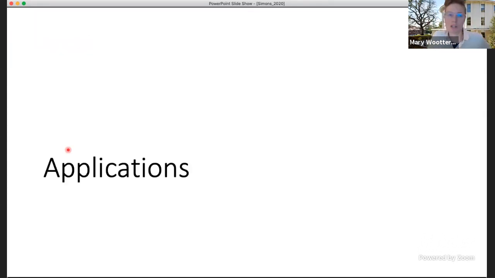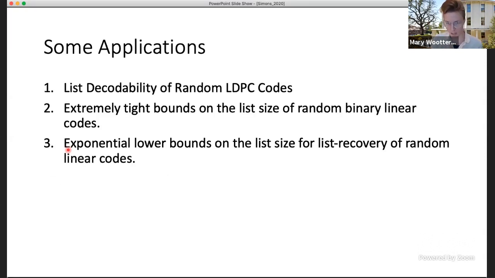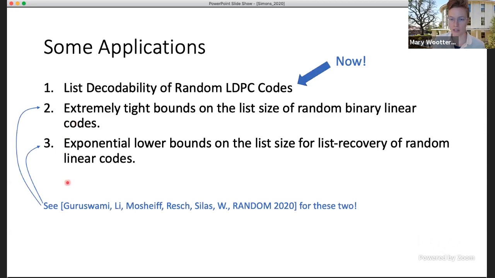Okay, so in the last part of the talk, the remaining 10 or 15 minutes or so, I want to talk about applications of this characterization. I'm going to mention 3 applications, then only talk about one of them. The first application, which I've mentioned before, is the list decodability of random LDPC codes. There are 2 other applications, which I'd point you to this paper for.